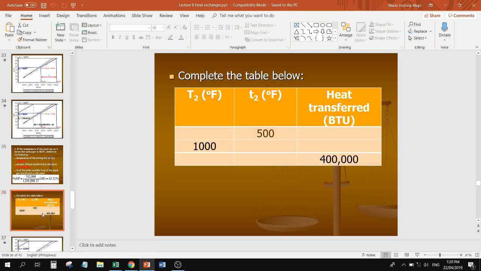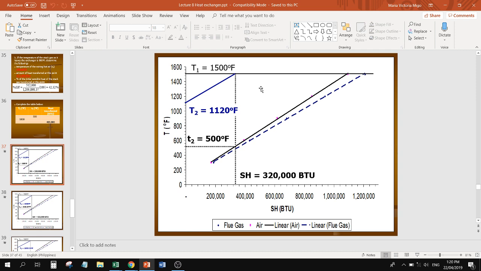So the next would be to complete the table below. The table gives you either the temperature of the hot flue gas or cold flue gas, or the heat value. So the first one is, what if the cold air temperature, cooling fluid temperature is 500 degrees Celsius. So, not Celsius, Fahrenheit.